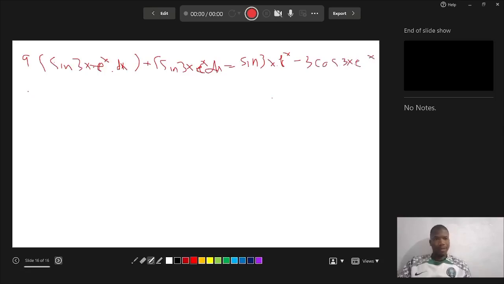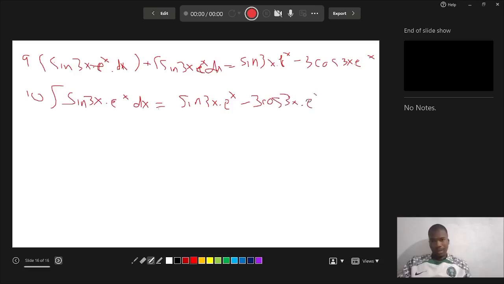Then you say now we have 10 integral of sine 3x multiplied by e to the power x dx is equal to sine 3x multiplied by e to the power x minus 3 cos 3x e to the power x.